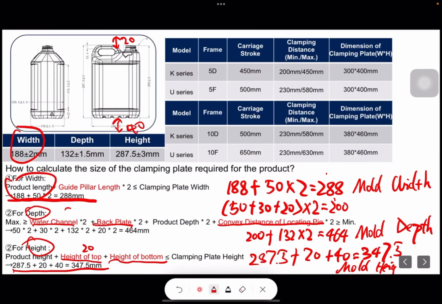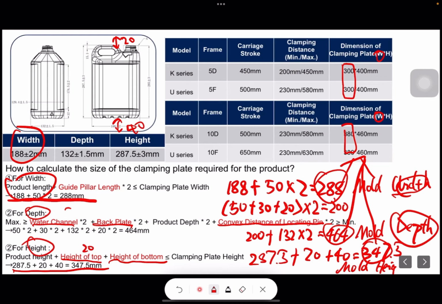So let's check those details and match them into this form. 288 mold width here, all the details are okay. So let's come to the depth. Depth 464 will be here, minimum and maximum. 464 is bigger than this one, so no. And this 3 is okay.